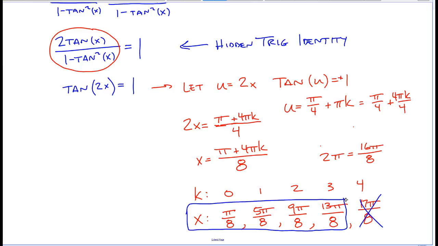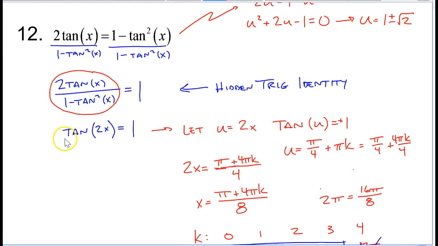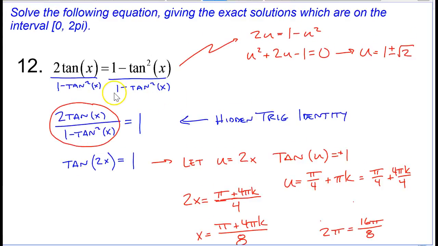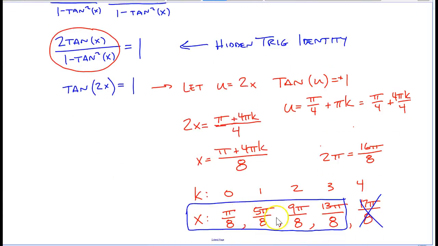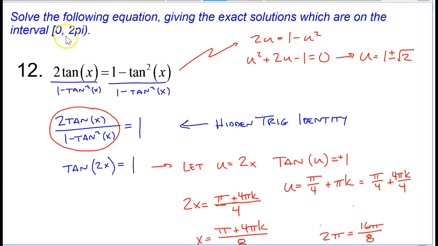Now, folks, I want to reiterate, I did something that I've warned you about for months here: don't ever divide by something that could equal 0. But in this case, it was okay because what I identified was a trig identity, the hidden trig identity of the double angle formula for tangent, and I ended up with 4 solutions here. Can't include this one because it's outside of this interval.